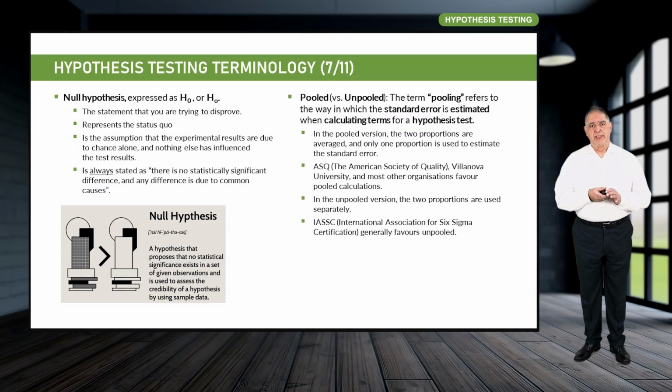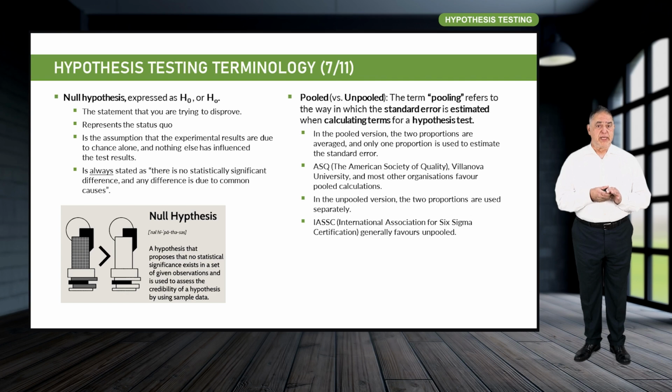The null hypothesis is typically expressed as H0, and this is basically the statement that we're trying to disprove in case the null hypothesis is not supported by statistical evidence.